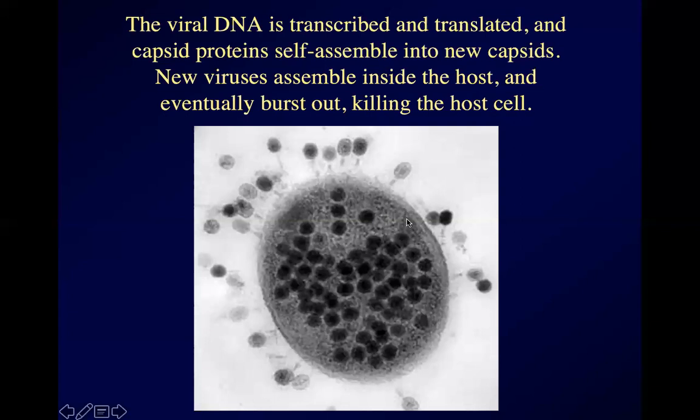Those have burst out and they can drift on until they find other bacteria to infect. And once they have all burst out, the host bacterium is dead. The virus basically takes all of the bacterium's machinery of DNA replication, transcription, and translation and uses it to make more viruses.